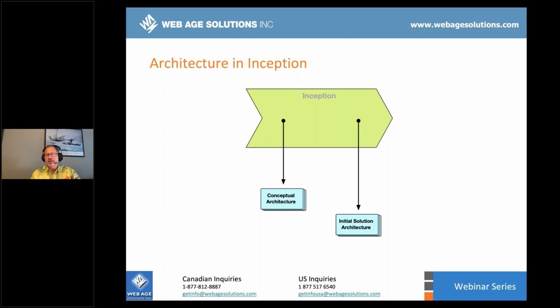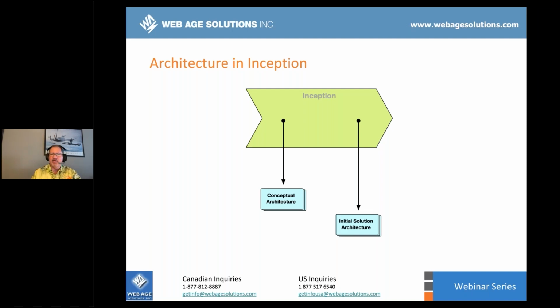And the reason that there are two of these things, and the reason that conceptual architecture looks like it's occurring earlier in inception, and that initial solution architecture occurs a little bit later, is because it does. With the conceptual architecture, as an architect, we sketch out the overall architecture of what we think the solution would be like at a really, really high conceptual level.